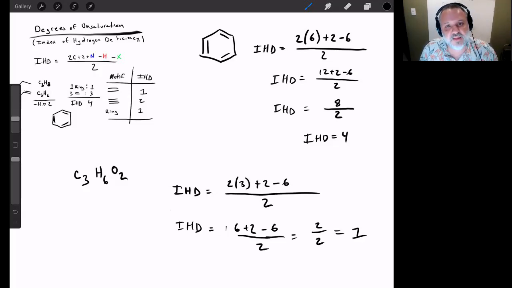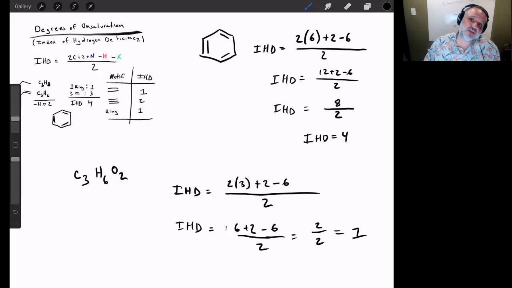With C3H6O2, I could have a double bond or a ring, but I couldn't have a triple bond because I would need an IHD of 2. And I can't have a double bond and a ring because I would need an IHD of 2. And I can't have 2 double bonds because I would need an IHD of 2. So the only possibility in this case is that I have either a ring structure or a double bond.